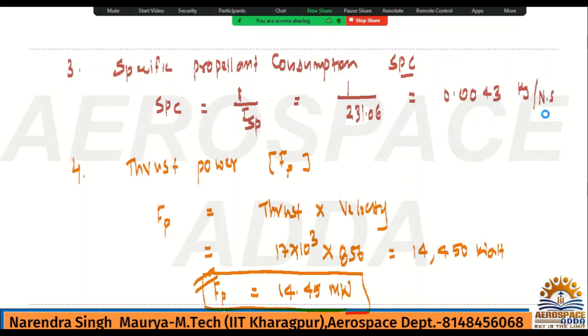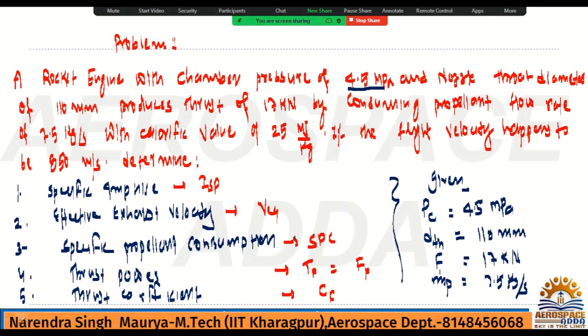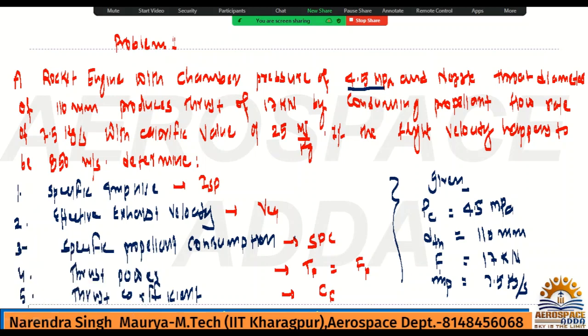One more you can add here in the problem itself. Number 6 is very interesting actually. It is C star. We need to find C star, number 6. What is number 6? Characteristic velocity.